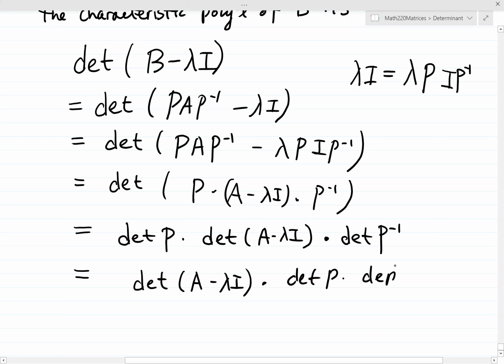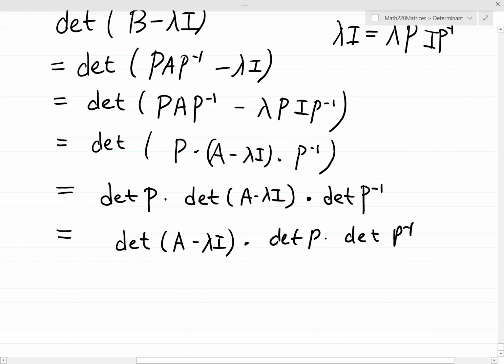The determinants of P and P inverse are reciprocal, or you use the property of a determinant: the determinant of P times P inverse.